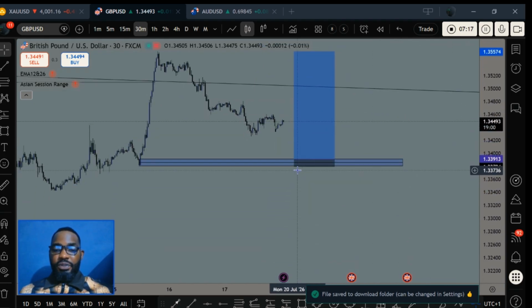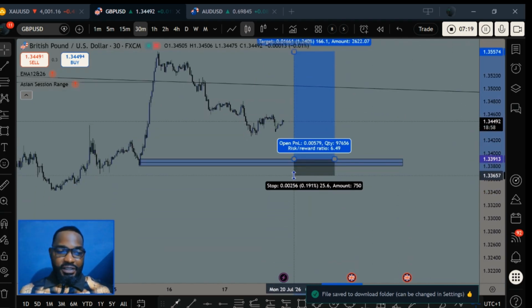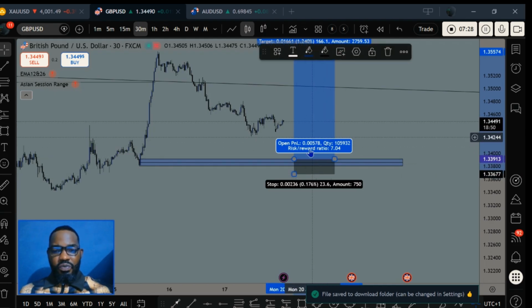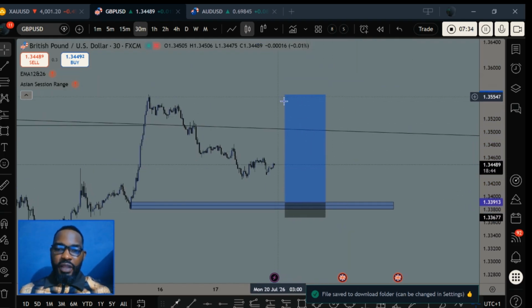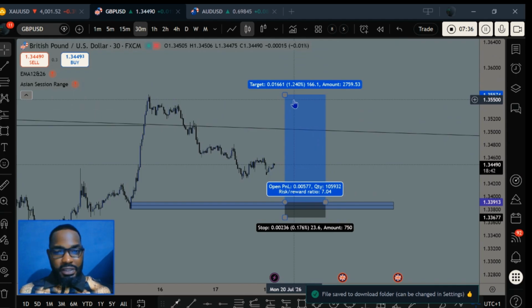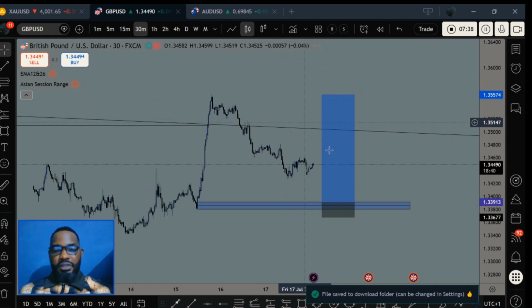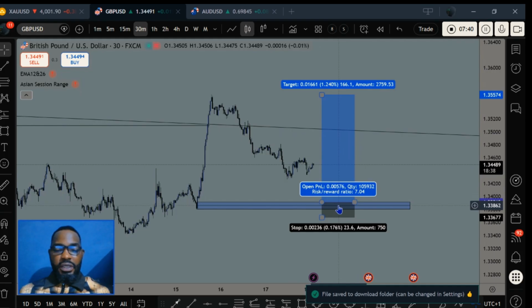Let's say we put our stop loss here. It's still a risk to reward ratio of 1:7. That's massive. Our stop loss is 23.6 pips. Our TP is 166.1 pips.